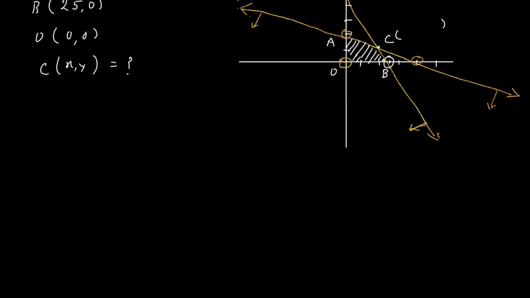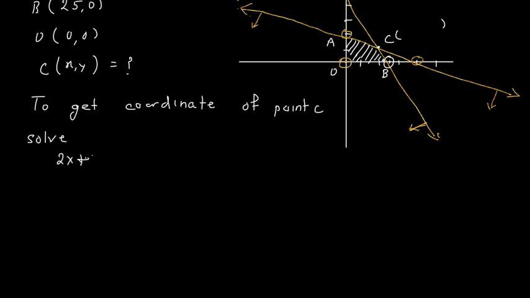So to get the coordinate of point C, what will we do? To get the coordinate of point C, solve 2x plus y equals 50 and x plus 2y equals 40.